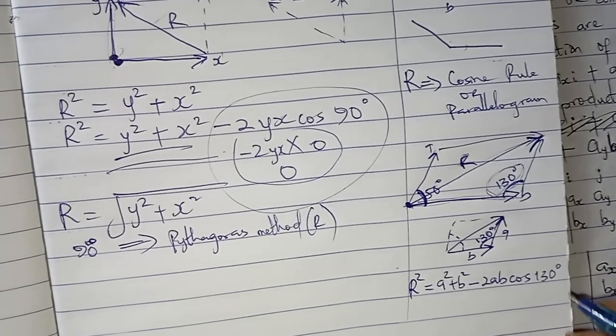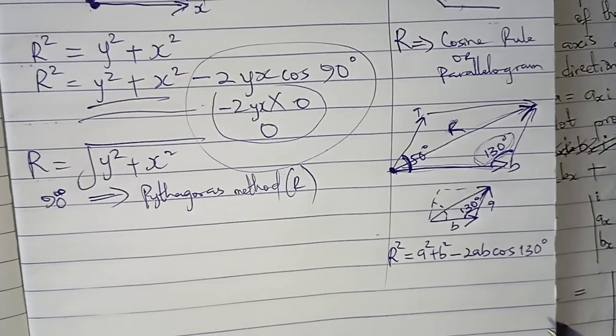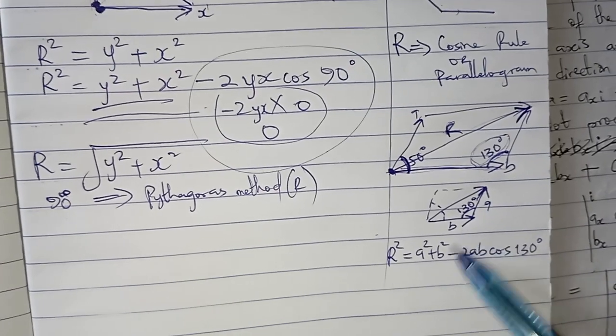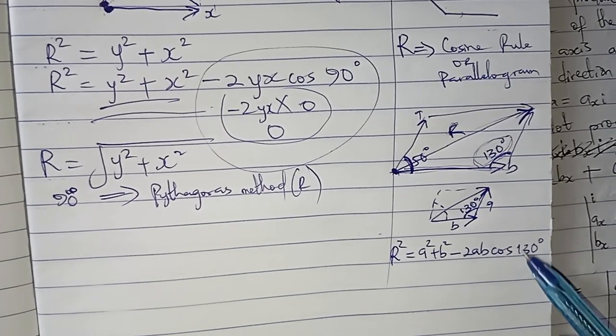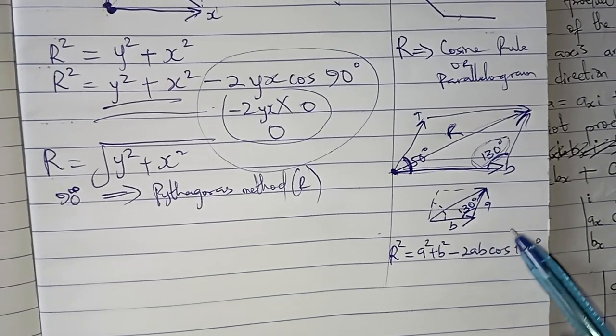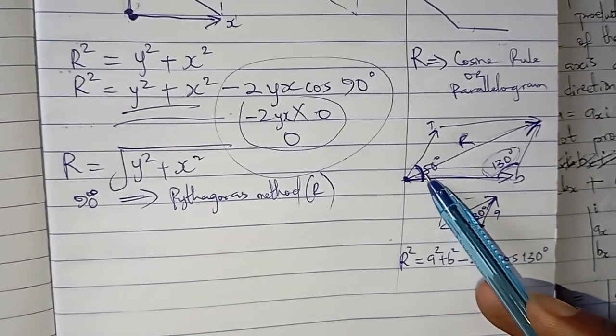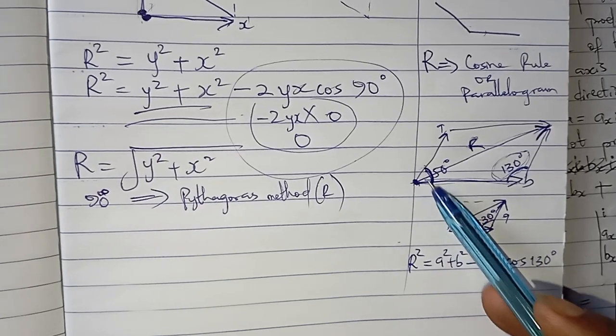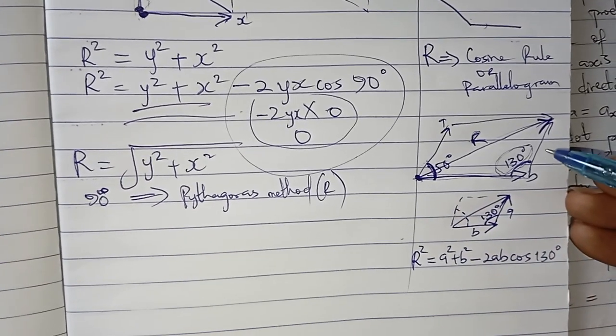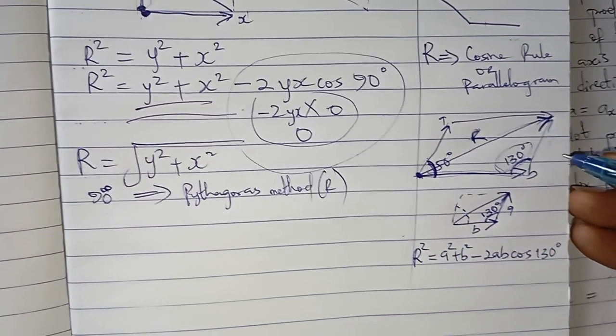130 degrees. Once upon a time, we were solving this in class, and we ended up using this to be cos theta, with an angle like this one, which is not right. If we were to use this angle, we would have to make sure that the resultant is on this end, but it's not possible.